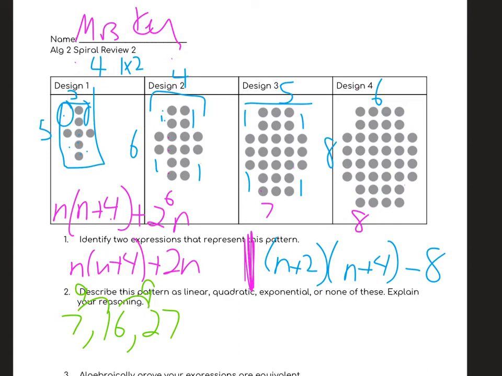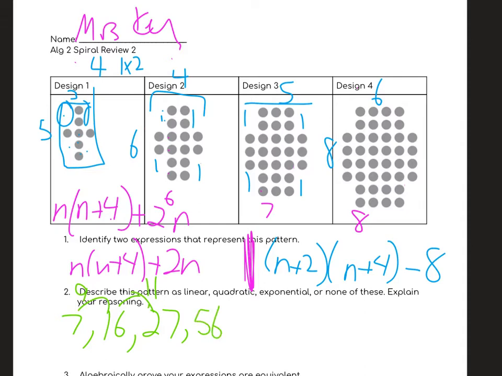Wait a minute, that's not 9. I was confused because that didn't look like a linear pattern. That's 11, silly me. And then 4 by 8 is 48, plus 8 more is 56.